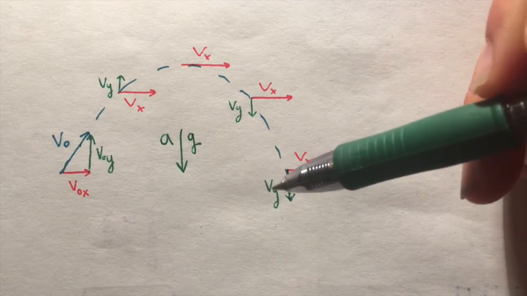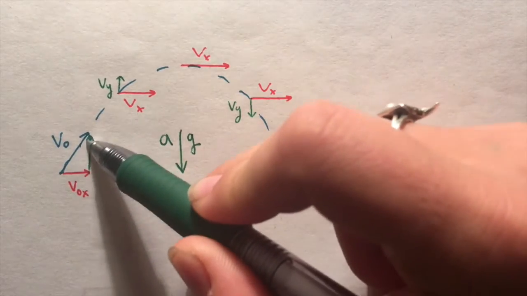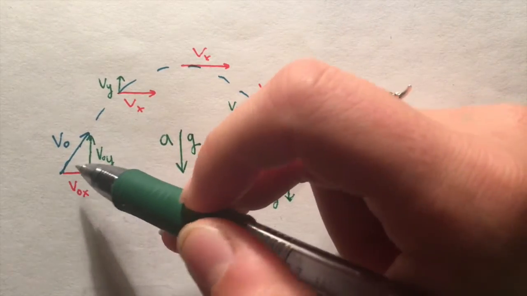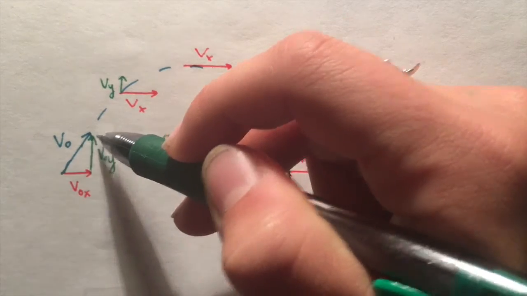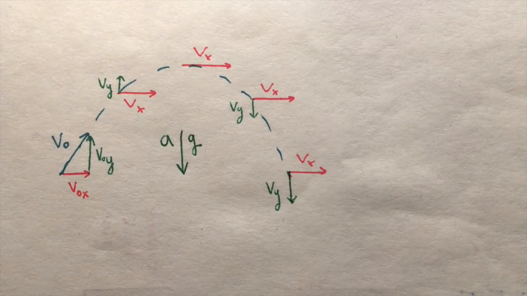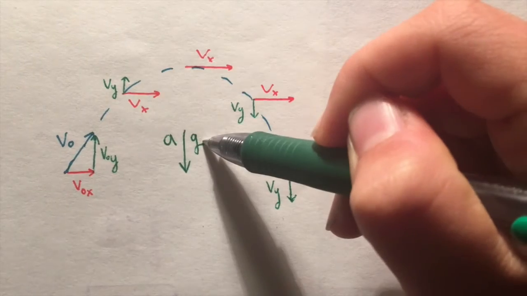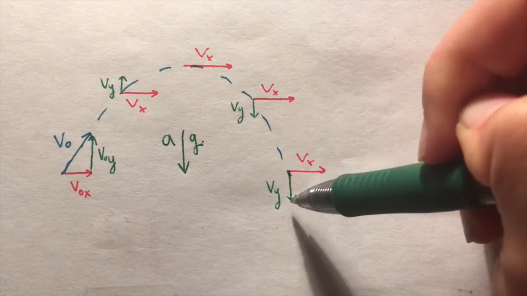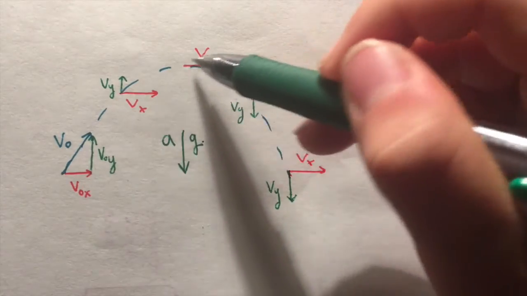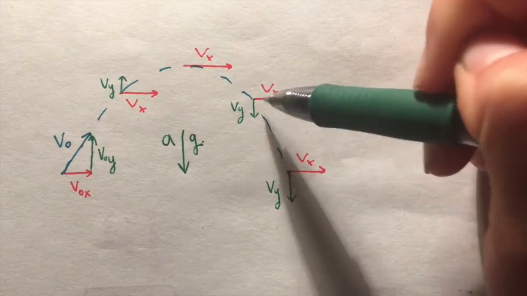If an object is launched at an angle, it's going to have a horizontal component of speed and a vertical component to its speed. The acceleration due to gravity is only going to change the vertical component of the speed. So as the object flies through the air, the vertical component is going to change.